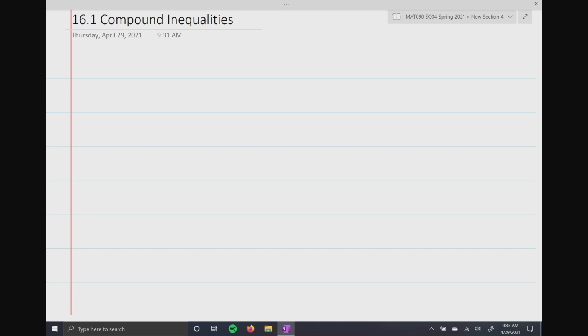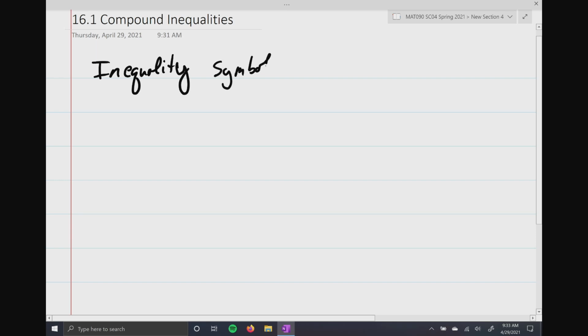So one thing we're going to be talking about here is the inequality symbol. Does anybody remember our inequality symbols? Yes. Okay, what are they? It's like the greater than. Perfect. Less than. Yep. Inequality symbols. So we have x is less than a.